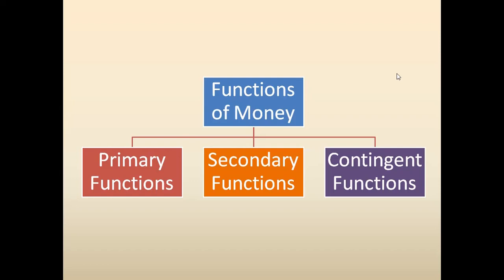with the contingent functions. Now, in the contingent functions, first of all, we have number one, the maximization of utility. So, rational consumer.